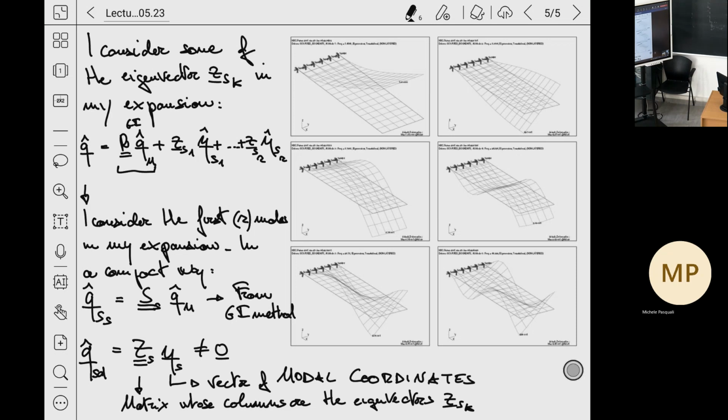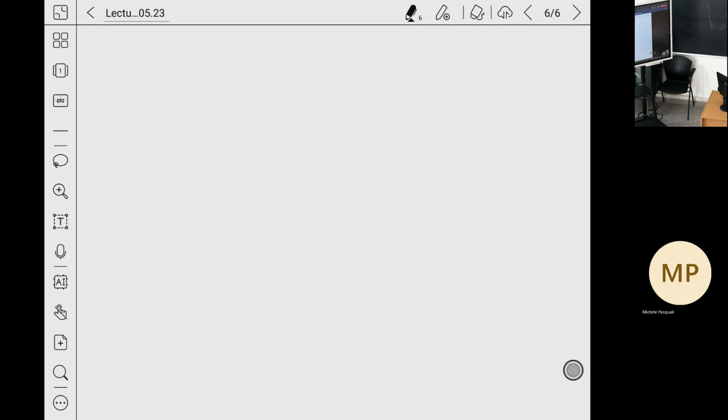If you do this, your new matrix of reduction is different, no? In this case, we have that my Q, which is again divided in Q master and Q slave, can be written as such.